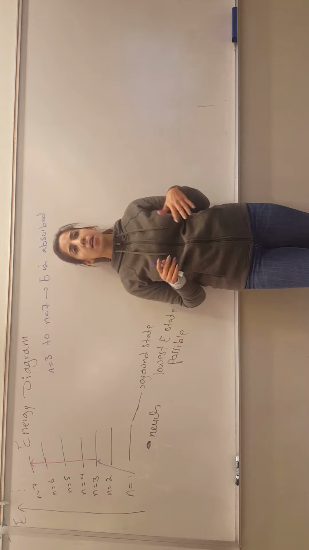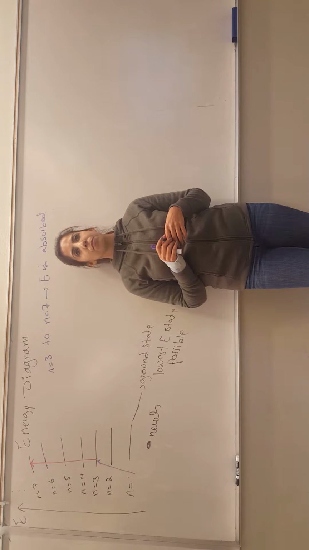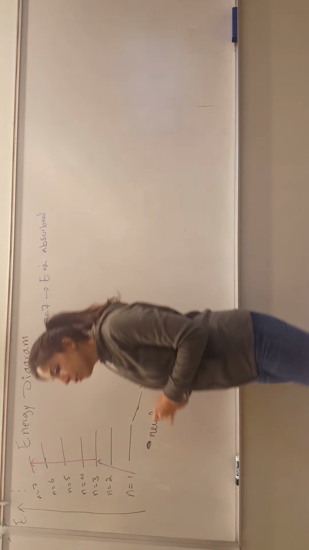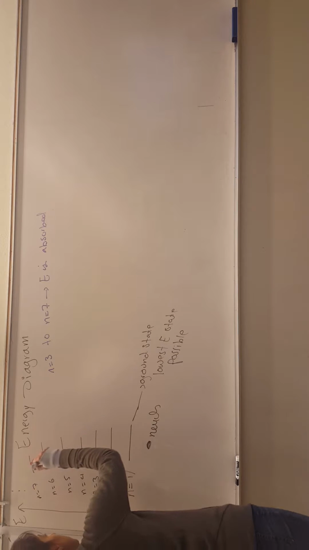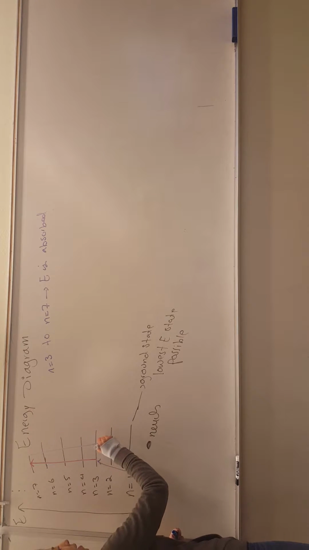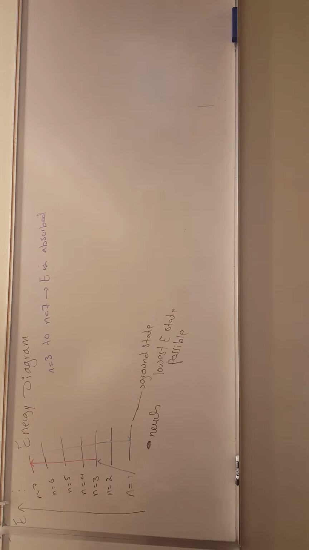In order to get stable, what happens to the photon? How does a photon become stable? It returns back to its... It returns back, very good. So in order to become stable and achieve stability, this photon is going to drop back to a lower energy level. It's going to be the most stable when it comes back to energy level 1.